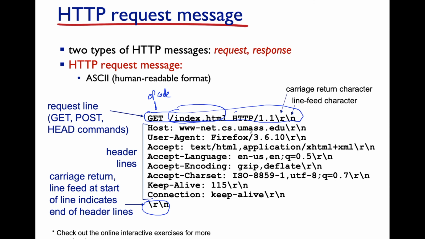Now these header lines, these aren't required, but they're very important to the interaction. So these header lines are purposed with all sorts of useful information. For example, what the language is that's supported by the client. And if you've ever used some websites that are multilingual, if you connect to them from an English-speaking locale, they return content for the website that's in English, or a French-speaking locale returns content for the website that is in French.